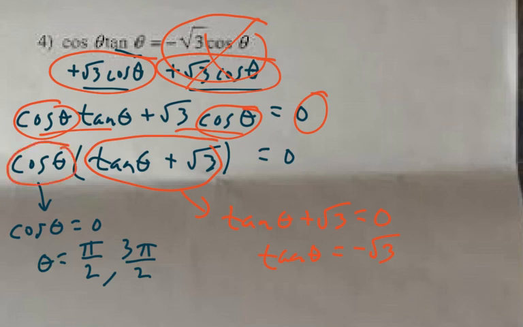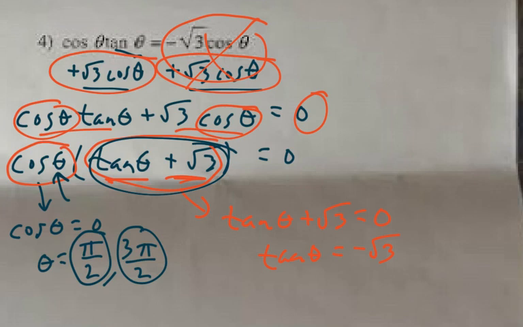So that means I have cosine theta times tangent theta plus square root of 3. Well, using the zero property, this can be 0 when cosine is 0, which is at pi over 2 and 3 pi over 2. Right here, if I solve for 0, that means tangent theta would be negative square root of 3.